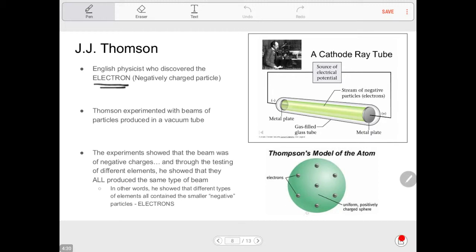It's a sphere, and what you can see is this green part is a positively charged cloud, and inside of it are negatively charged particles called electrons. So based on his findings, this is what an atom looks like. It's a sphere with this positively charged space, and mixed inside that positively charged space are electrons.